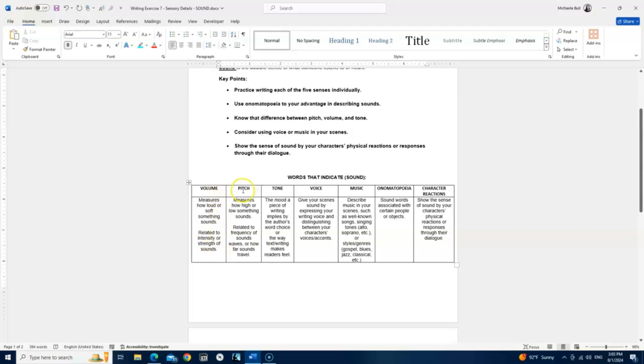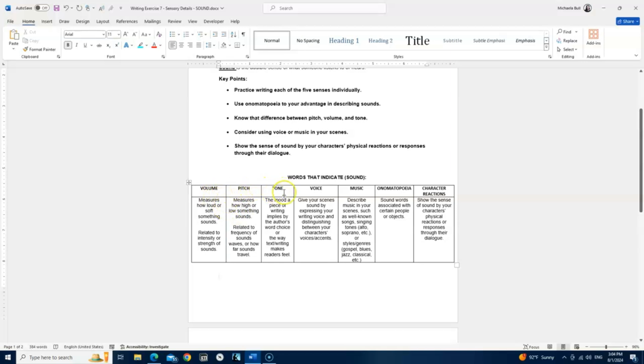In the next column, I have pitch. Pitch measures how high or low something sounds and is related to the frequency of sound waves or how far sounds travel. So that is the difference between volume and pitch, even though sometimes people see them as the same thing, but really these two are actually two different things.